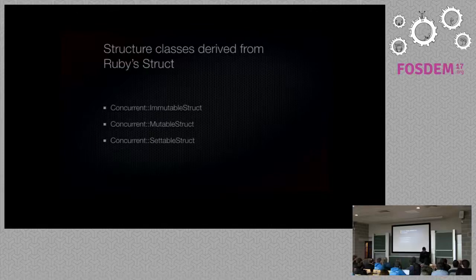Mutable struct can be set at any time during the object's life cycle, and settable struct can be set at its initialization or with the setter method, but once it is set, you can't reset it again. It will throw an immutability error, the concurrent immutability error.